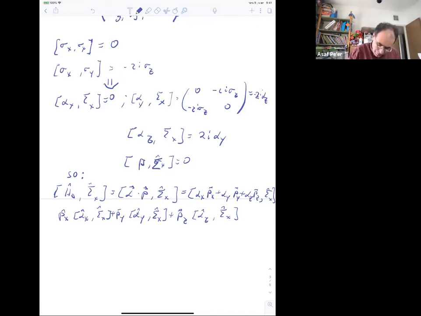So this would be a minus, alpha y Sigma x is just minus 2i alpha z. So it's minus 2i py alpha z plus 2i pz alpha y, which is just 2i times the x component of alpha cross p.